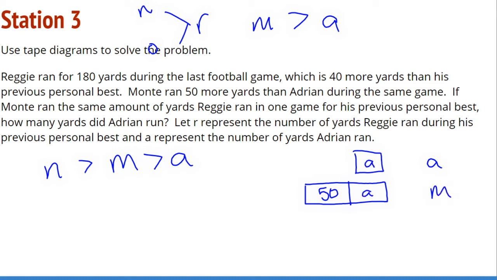So I've got Adrian, and here's everything Adrian ran, and then we add 50 more for Monty. Now, Reggie had everything that Monty had, but he has increased his personal best by 40. So he's got everything Monty's got, but he's added 40 more on to increase his personal best.